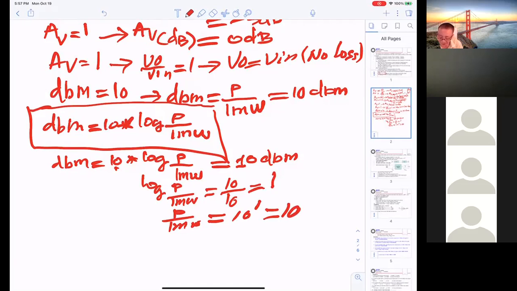Okay, so P over 1 milliwatt equal 10. That will be telling you P equal 10 milliwatt. That's how to convert it. That means you get 10 dBm for power, and that will be equivalent to 10 milliwatt.